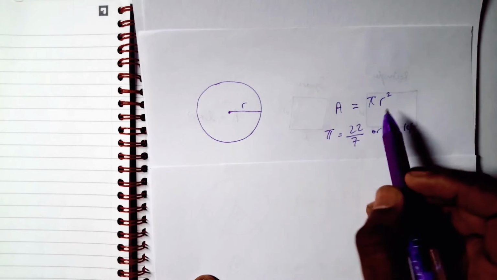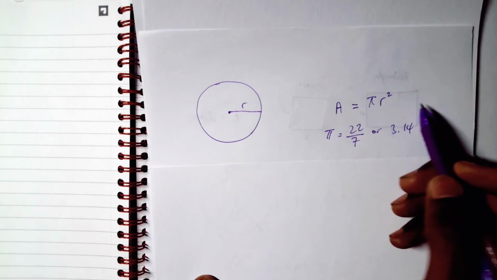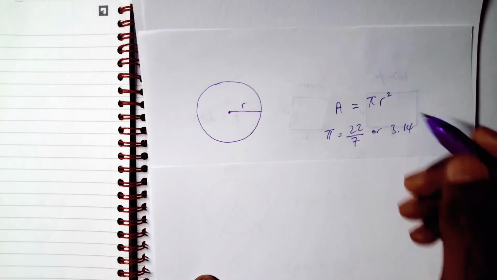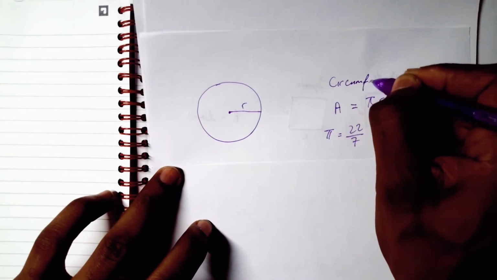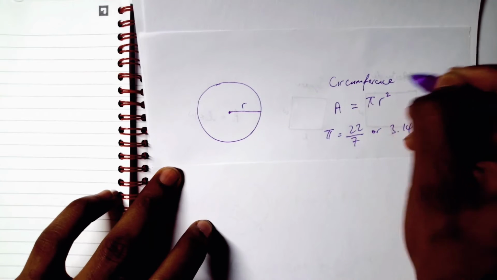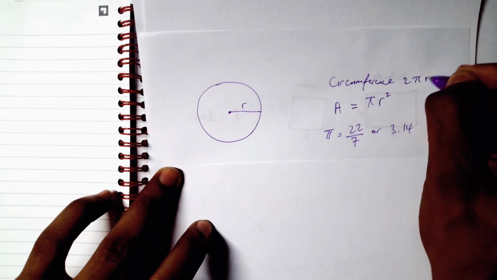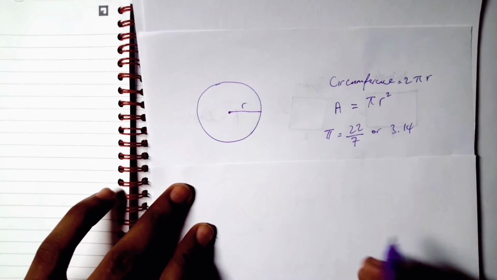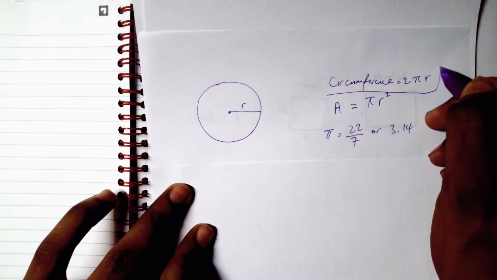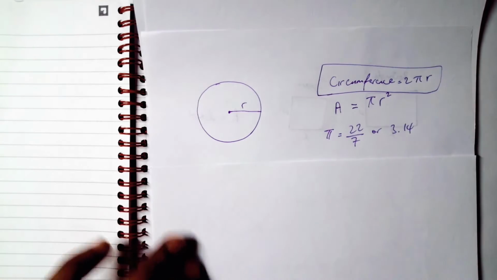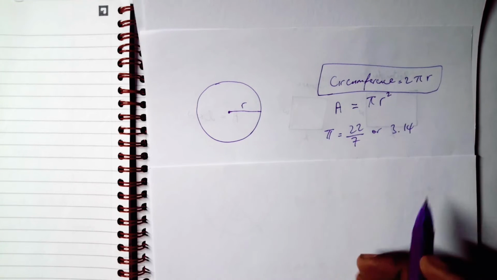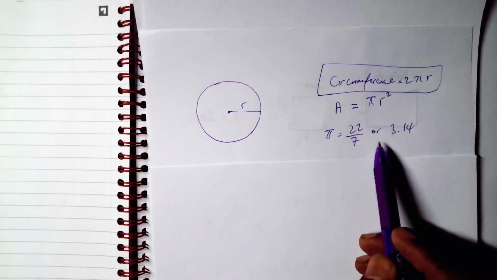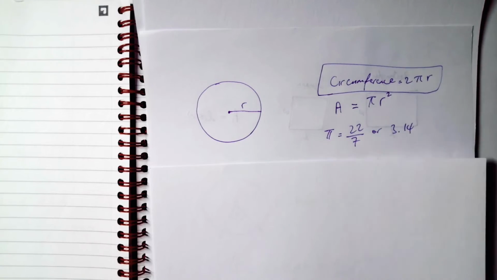So the area of a circle is pi r squared. Okay? And the circumference, I'm just going to throw this in right here, is 2 pi r. You're going to need this when we're working questions. And you remember what pi is. Pi is 22/7 or 3.14.